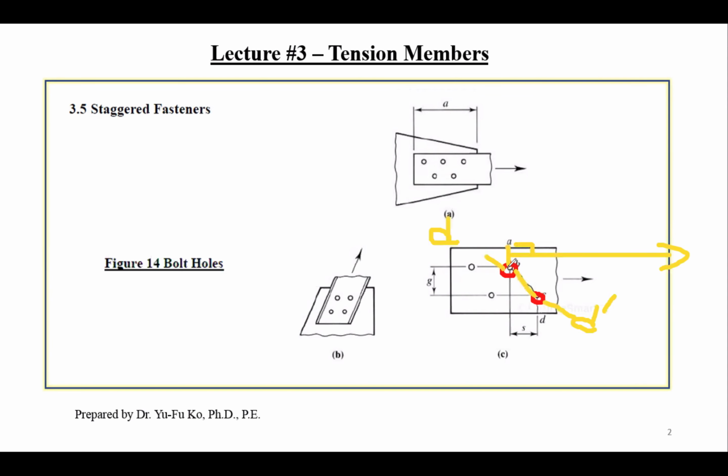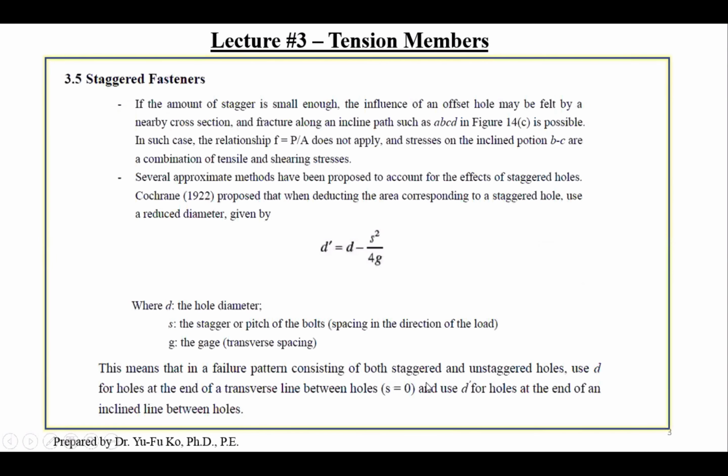So for this example, for this bolt you use d, no change as before, since this is non-staggered. For this bolt, at the end of the failure path, this is inclined, so you use d prime for bolt C when you calculate your net area. This is what it means for the reduced diameter approach by Cochrane back in 1922 to account for the stagger bolt effect.